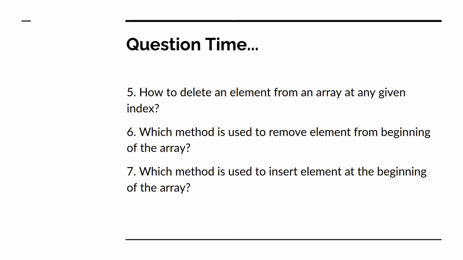Which method is used to remove an element from the beginning of the array, and which method is used to insert an element at the beginning of the array? Just don't be confused. So the sixth one is shift, and the seventh one is unshift.